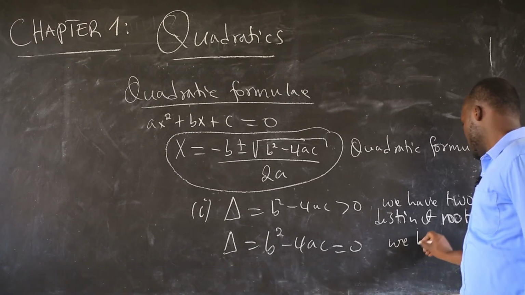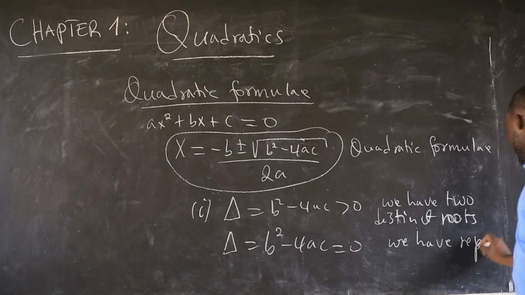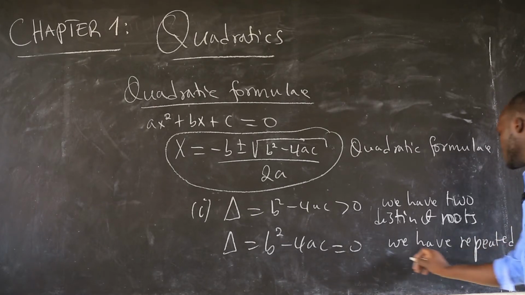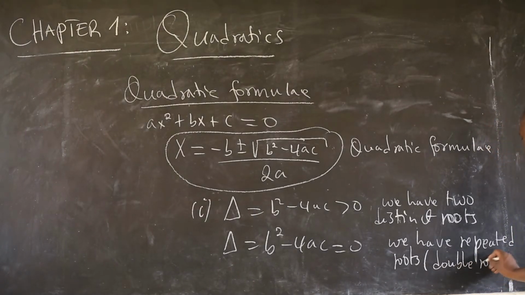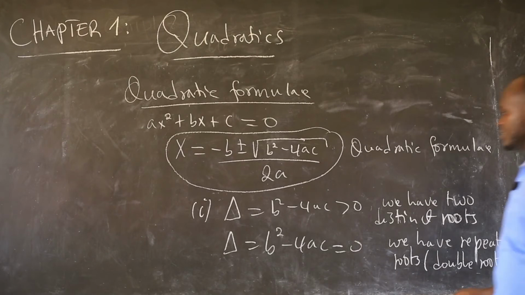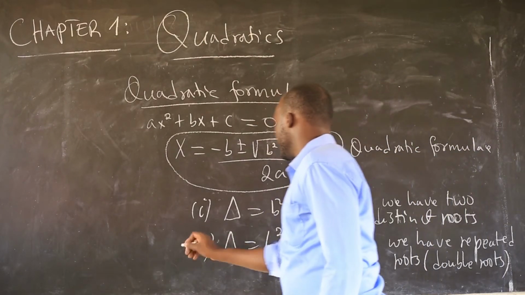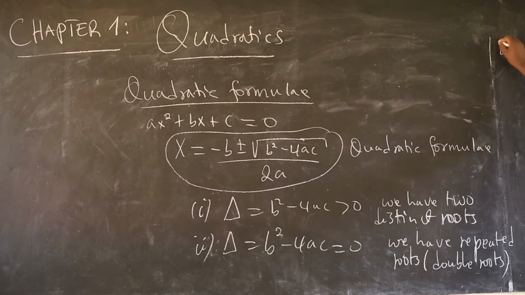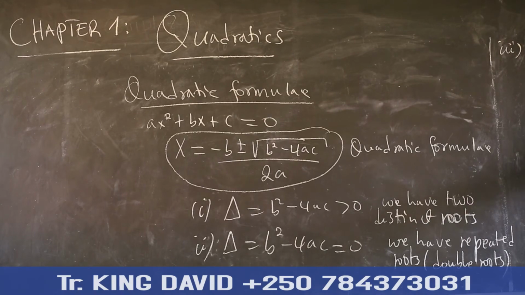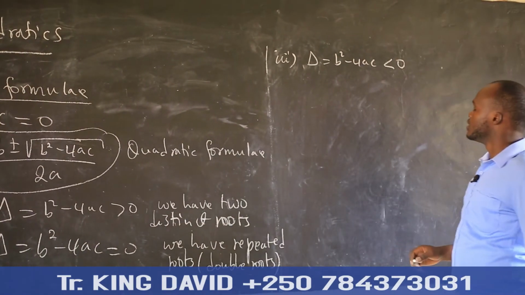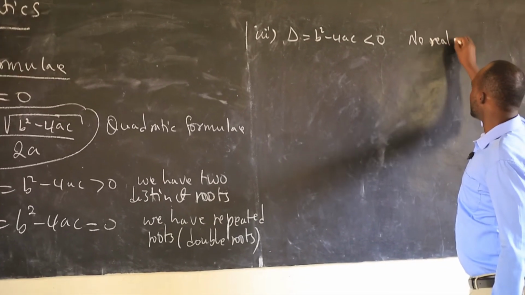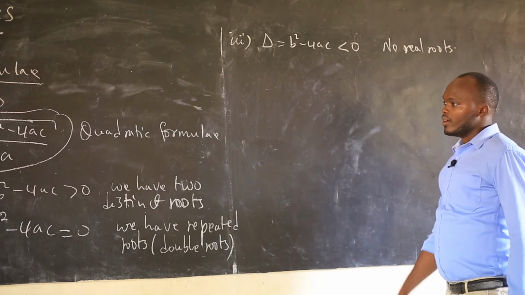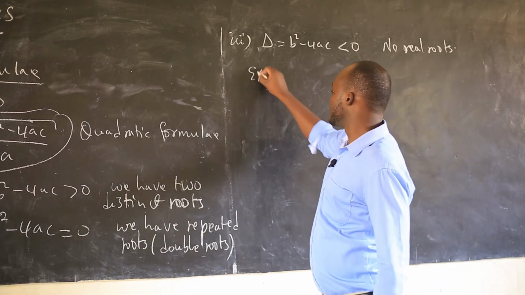And the third case, when the discriminant, delta equal to b squared minus 4ac, is less than 0, we have no real roots. Okay, so let's take examples.